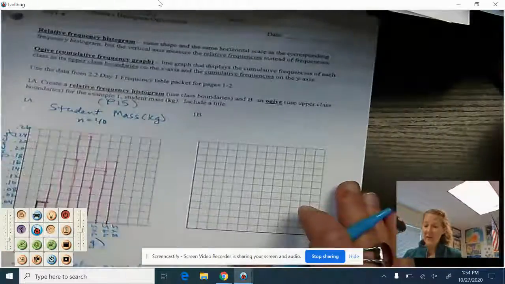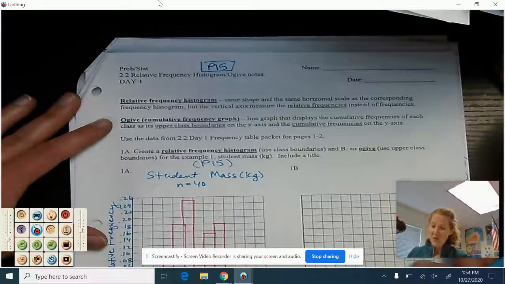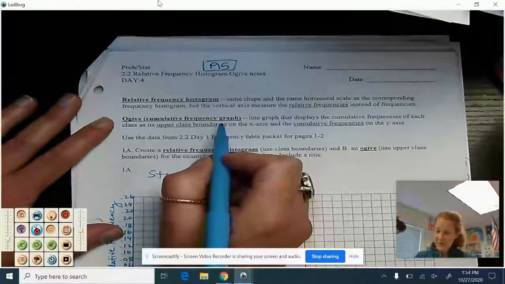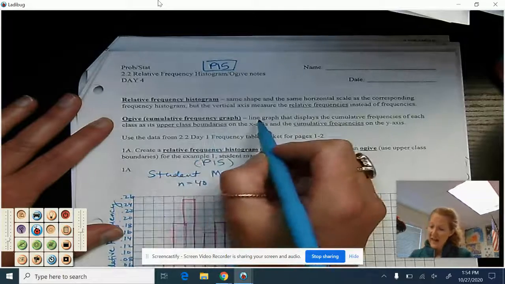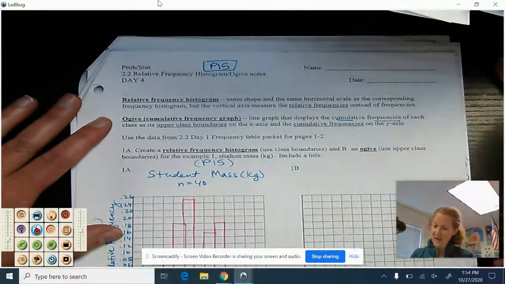The other graph we're going to look at is called an ogive. An ogive is a cumulative frequency graph, still on page 15. It's a line graph that displays the cumulative frequencies of each class, with its upper limits on the x-axis and cumulative frequencies on the y-axis.